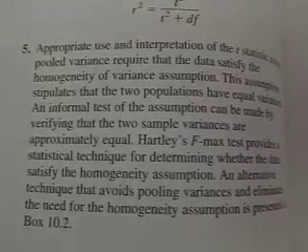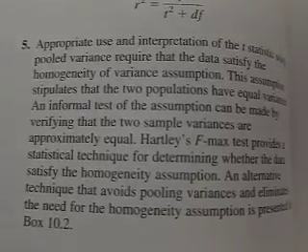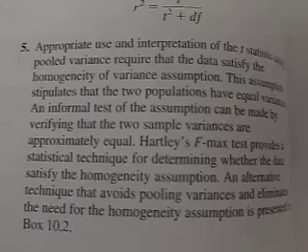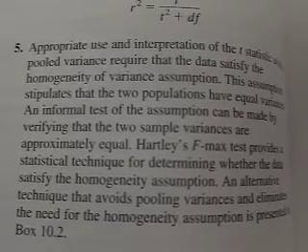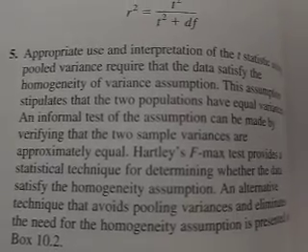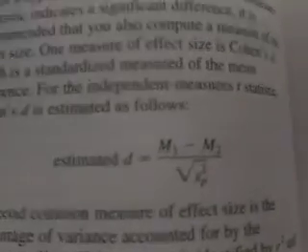So one of the assumptions is that when we're looking at two different samples from two different populations, we want to know, are those population variances the same? Because if they're not, when we take a pooled, let's see, where was it? Right here.